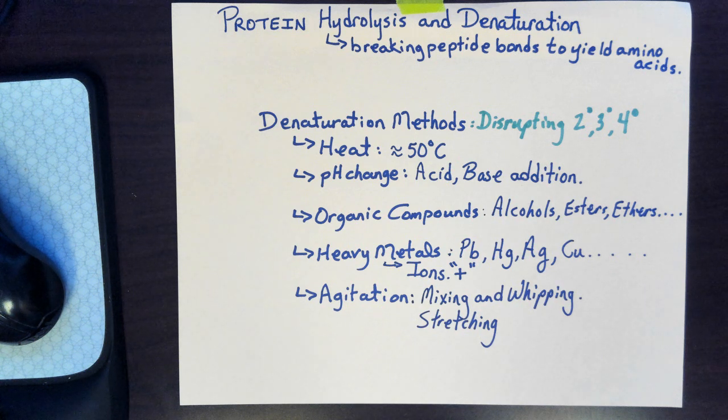Well, organic compounds can disrupt things like hydrogen bonding in the bacterial proteins. Think of ethanol and isopropyl alcohol, which is rubbing alcohol. We use those little cotton gauze alcohol pads to clean wounds and cuts.